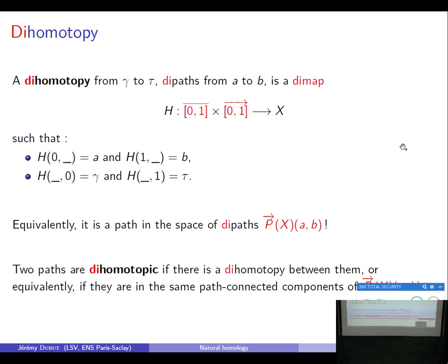Well, if you know a bit about higher categories, considering dihomotopies as paths in a space of dipaths means that you consider D-spaces as some kind of infinity-1 categories, while considering dihomotopies as dipaths in some D-space is considering D-spaces as infinity categories, somehow. I can make this statement more precise, but I will not do it here.